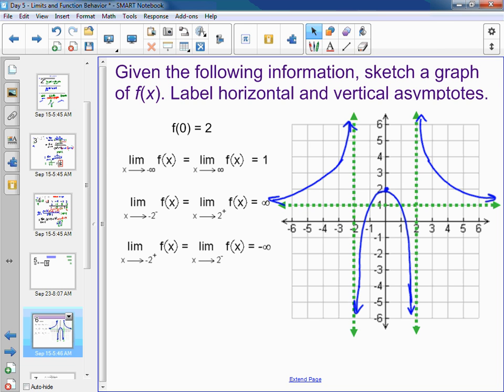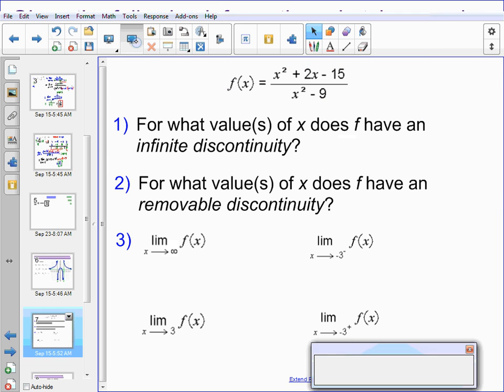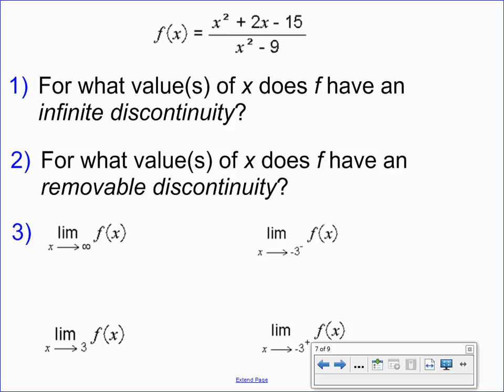Let's take a look at another. Given a function definition, for what values of x does f have an infinite discontinuity versus for what values of x does f have a removable discontinuity? Well, in each of these cases, my function is undefined. And so if there are particular values of x for which the original graph is undefined, then I know I've got possibility for infinite or removable discontinuity.